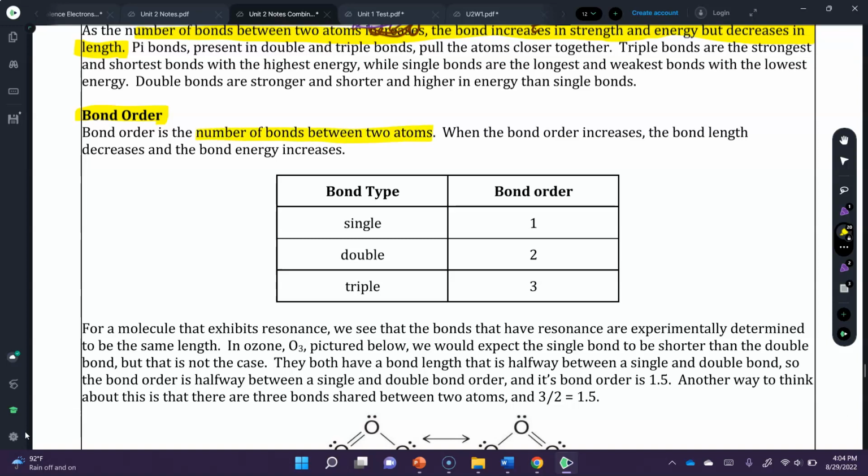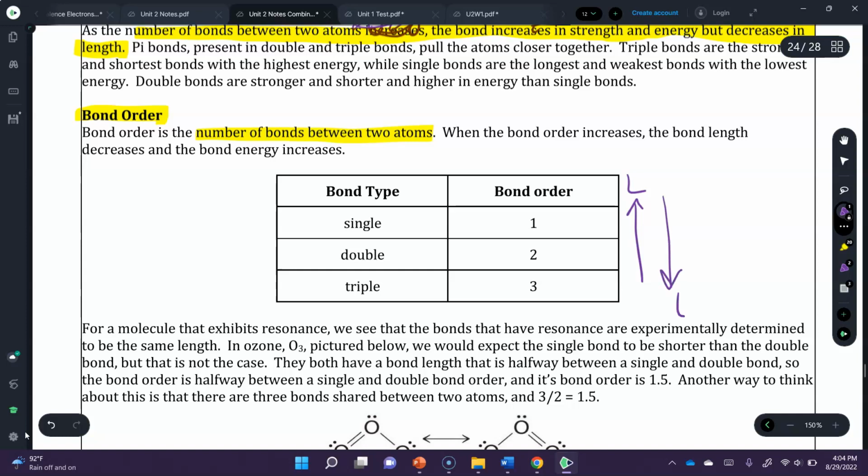When the bond order increases, the bond length decreases and energy increases. So the energy increases this way. Oops, T-H-E-N-E-R-G-Y. Okay.